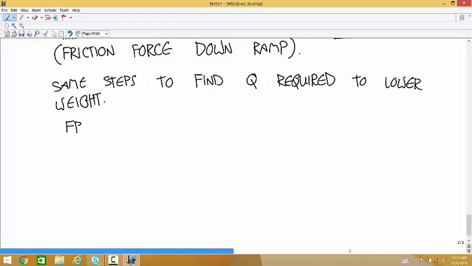So a free body diagram. Most of the stuff is the same. Half the stuff, I guess. We have the weight pushing down. We have the normal force.